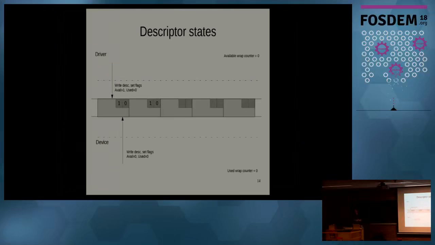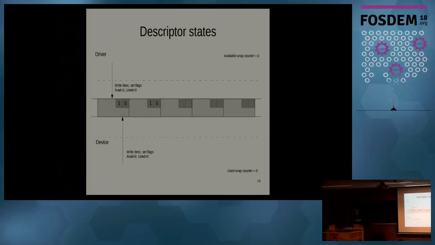Device and driver are also expected to maintain internally, not in shared memory, a single bit counter. It starts at 1 and changes value each time the last descriptor in the ring is accessed. It has to be flipped when the last one is accessed. As I just mentioned, these bits are passed as the available and used bits in the descriptors.